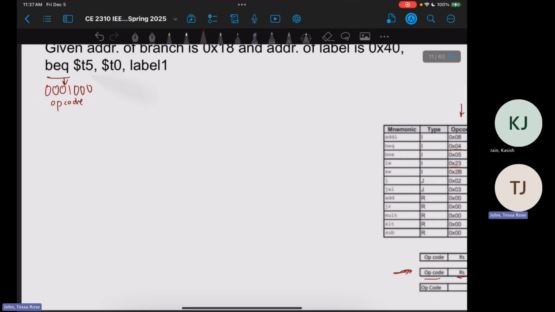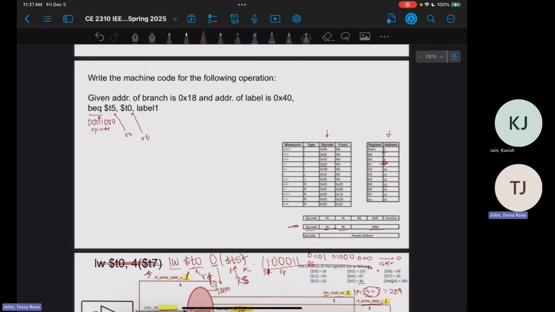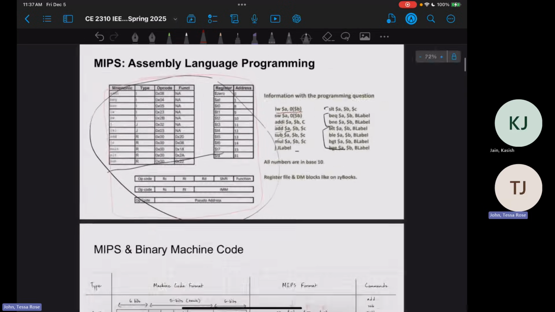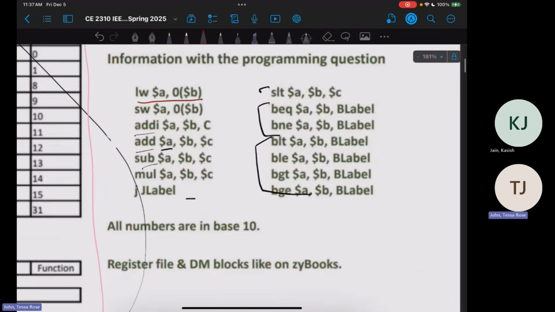Then RS, RT. You have to memorize this to know which one is RS and RT. Are they in the same order as for the other types?